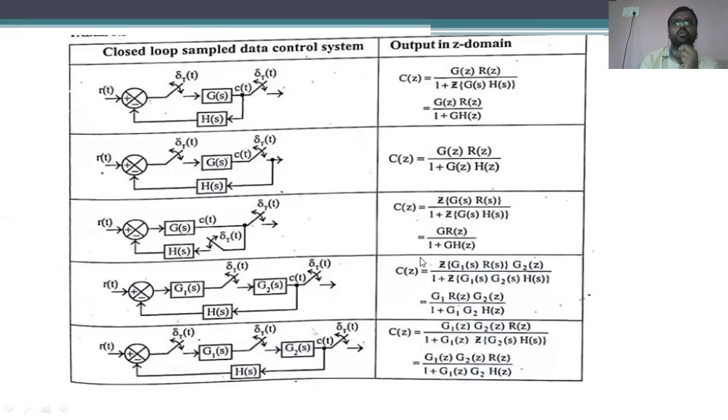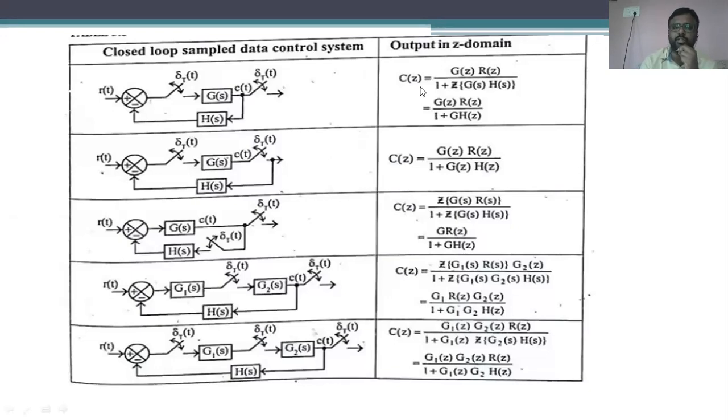So before calculating or determining the pulse transfer function for different kinds of problems, you must be aware of all these outputs, which are expressed in the Z domain. In order to extract any problem solution for closed loop systems, the output has to be represented in this form.